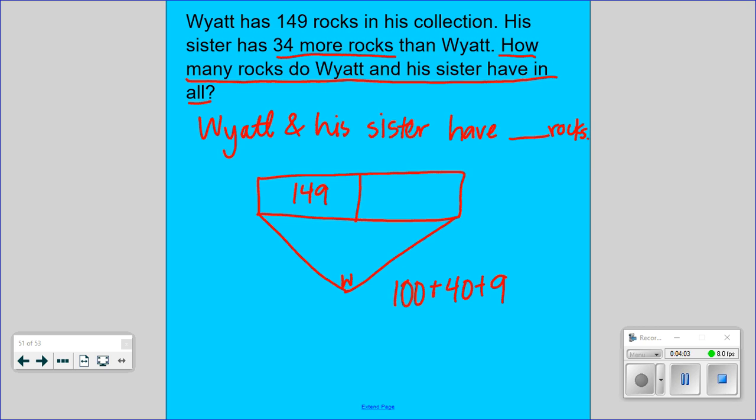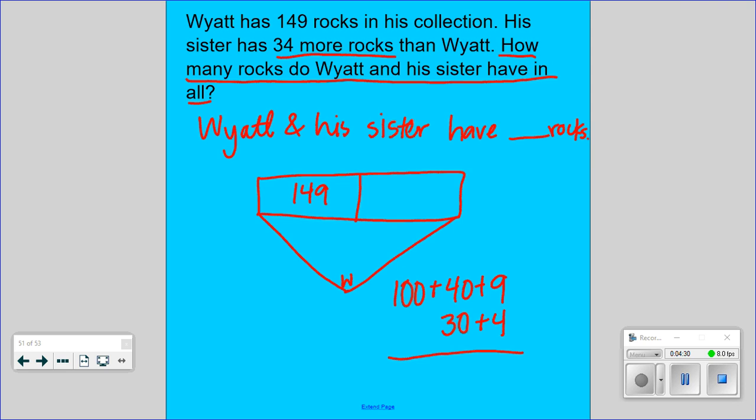Be very careful. Does 34 have anything in the hundreds? No. So I'm going to start building my number underneath my tens. Give me a few seconds to make sure your expanded form is built correctly.